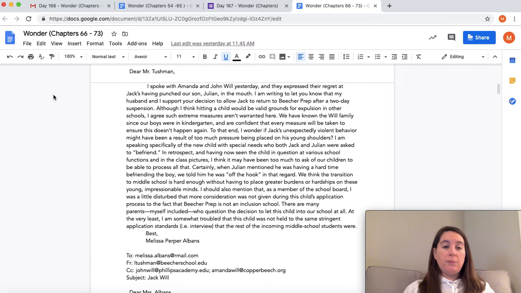We've known the Will family since our boys were in kindergarten, and are confident that every measure will be taken to ensure that this does not happen again. To that end, I wonder if Jack's unexpectedly violent behavior might have been a result of too much pressure being placed on his young shoulders. I am speaking specifically of the new child with special needs who both Jack and Julian were asked to befriend.